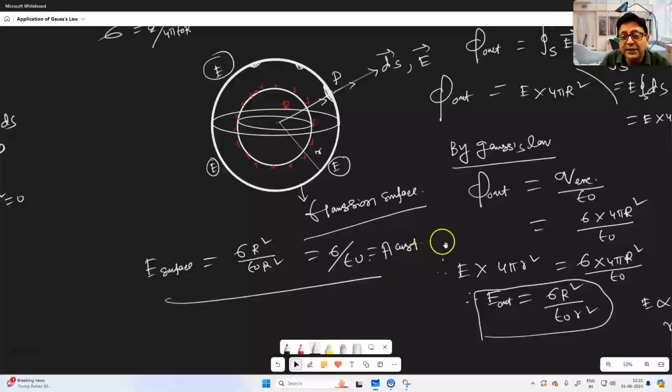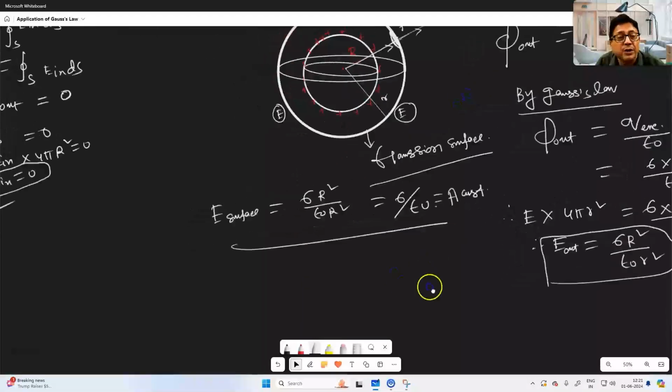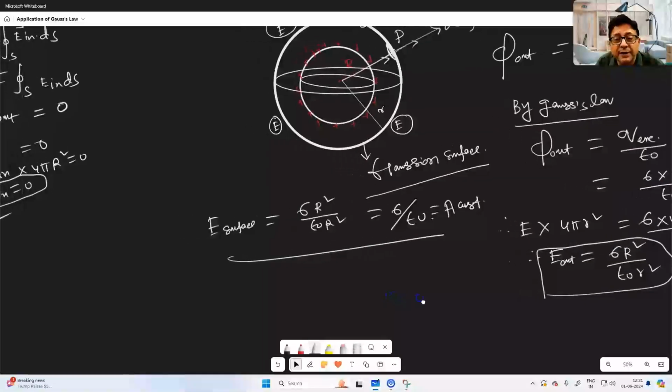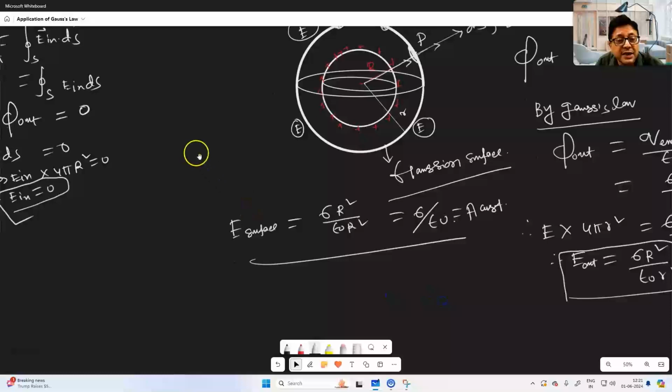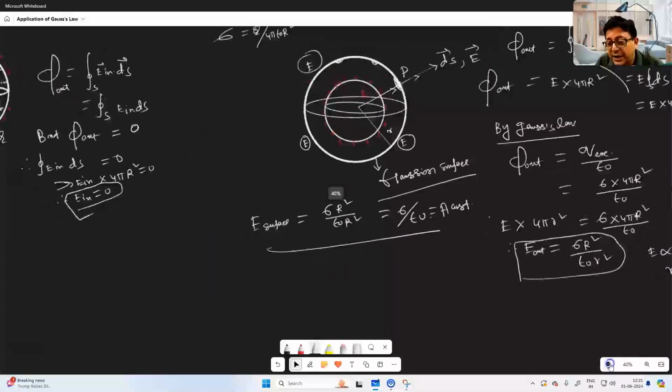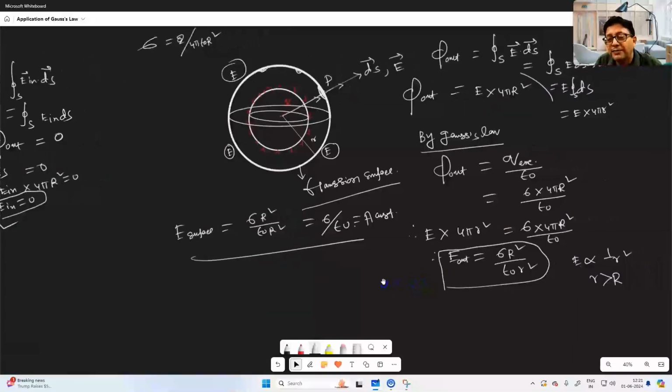By remembering these three facts, we can easily draw the graph of electric field versus distance. Inside, what is the strength? Inside, the strength is 0. Inside any point you take, it is 0.